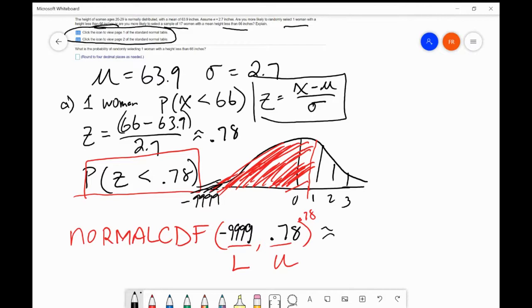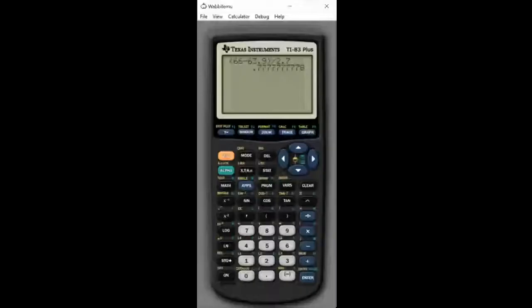And then what I'm going to do is use my calculator again. And back here, get our calculator. All right. So I'm going to go second, 10 bars, and go to normal CDF. Here we go.